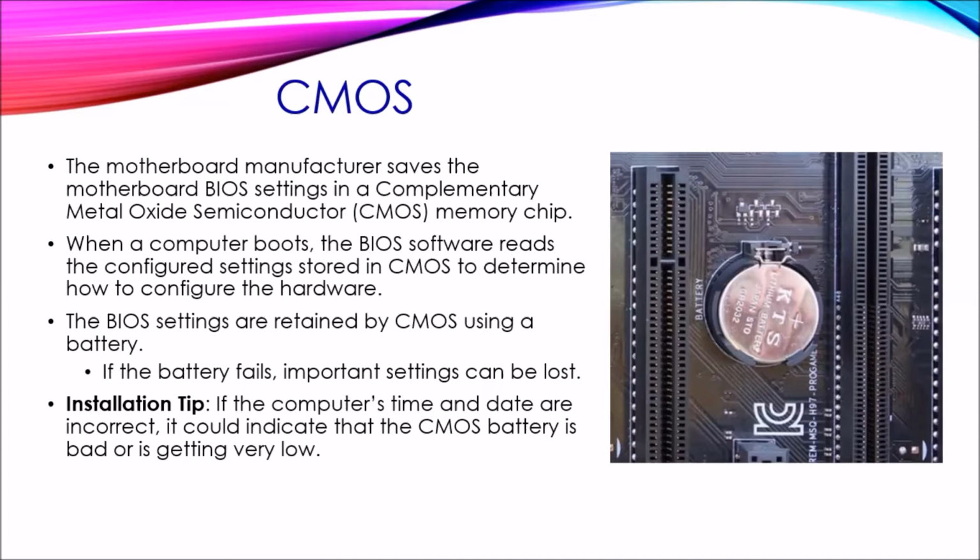The BIOS settings are retained by CMOS using a battery. If the battery fails, important settings can be lost. Here is a useful tip to check whether your CMOS is working well or not. If the computer's time and date are incorrect, it could indicate that the CMOS battery is bad or is getting very low.